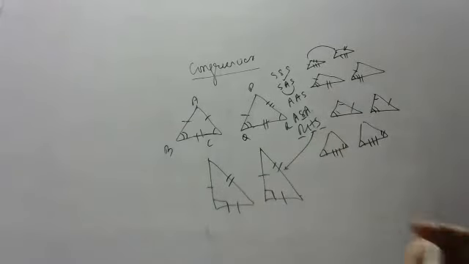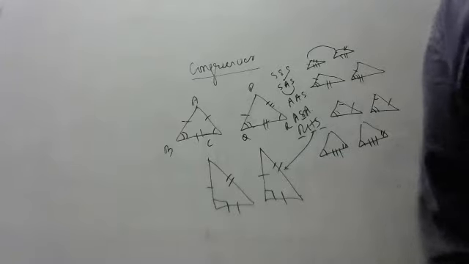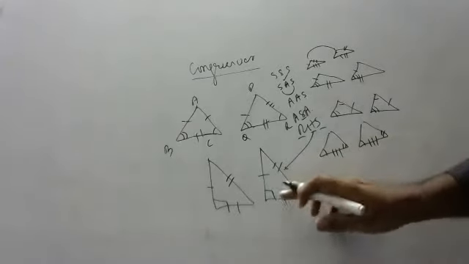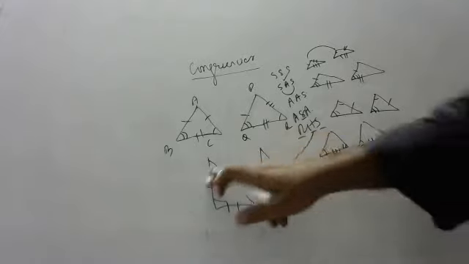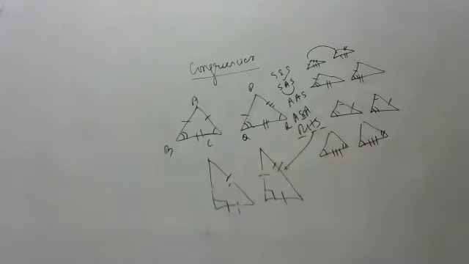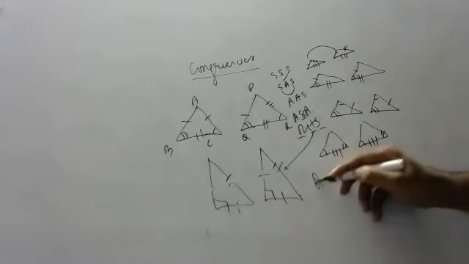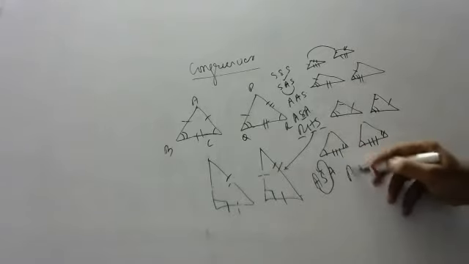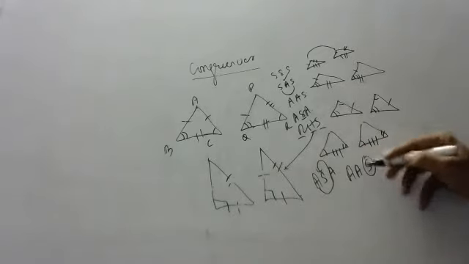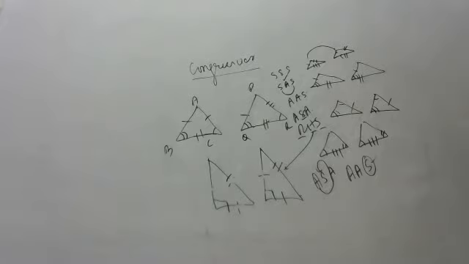When I say ASA, that should be the included side between the two angles. When I say AAS, it need not be the included side, any side is fine, no problem.